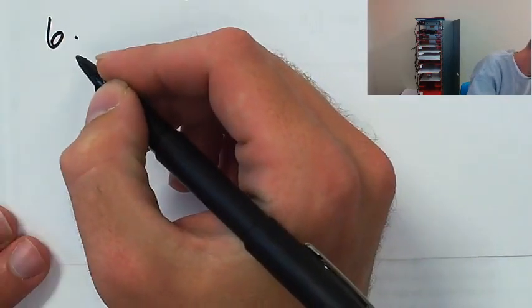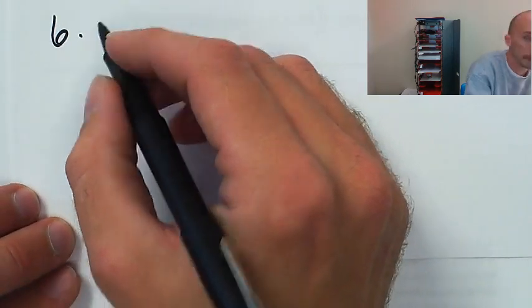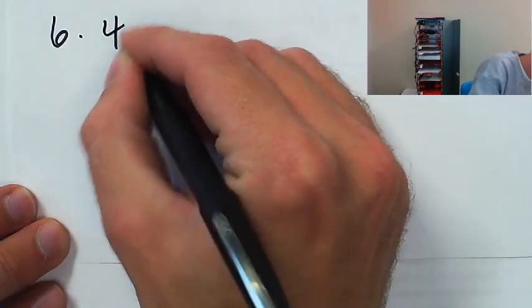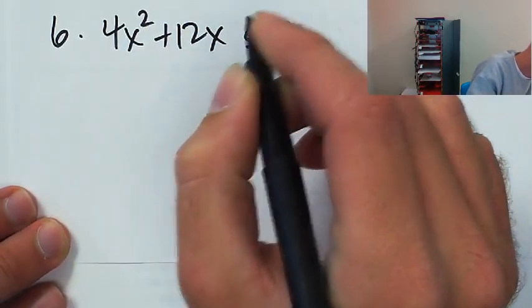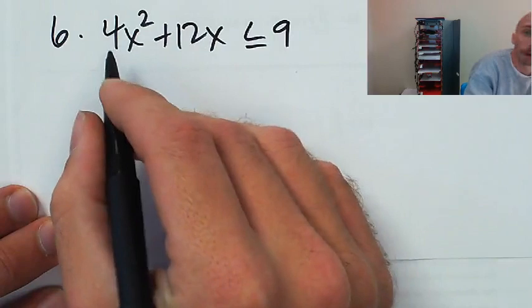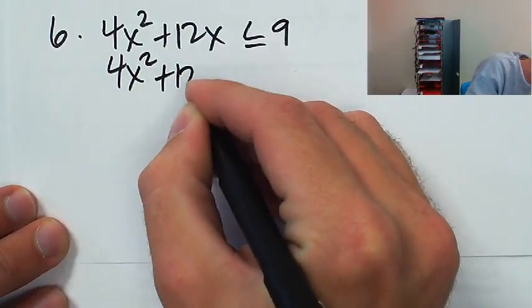Number 6. Okay, 4x squared plus 12x is less than or equal to 9. Well, that's too bad. There's going to be a common factor. Okay, start by setting it to 0, so subtracting 9 from both sides.